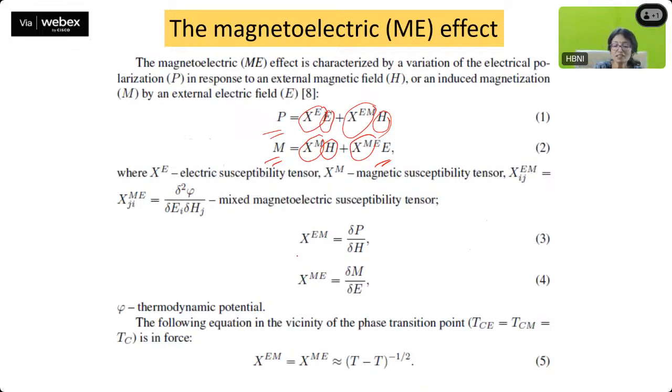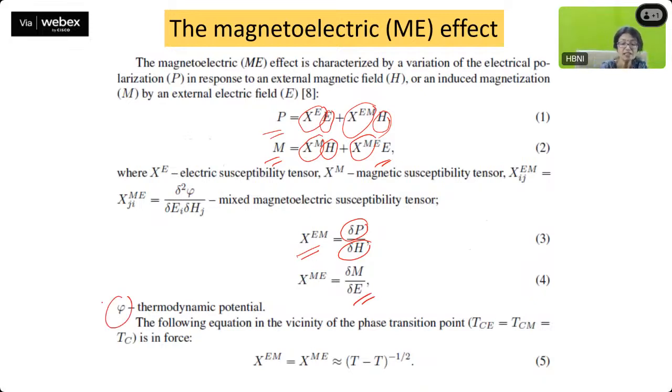Now what are this particular chi EM and chi ME? In the case of chi EM, it is the change in your electric polarization with the applied change in your magnetic field. Whereas chi ME is the change in your magnetization with the change in the electric field which you are applying.